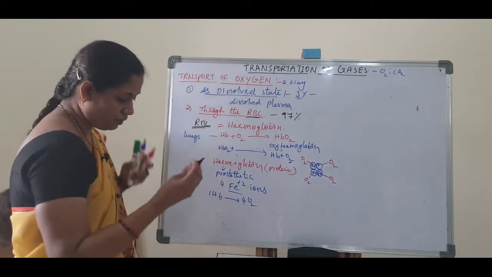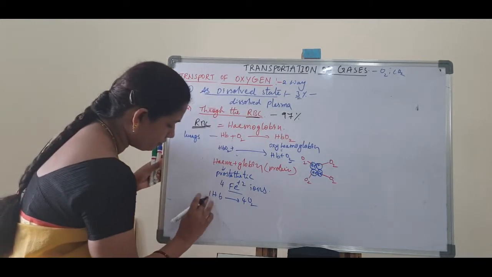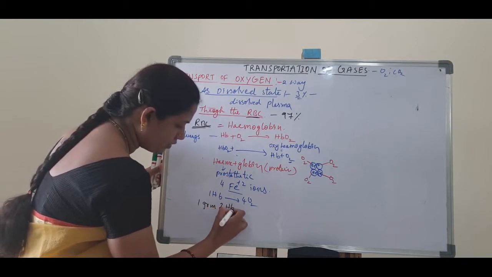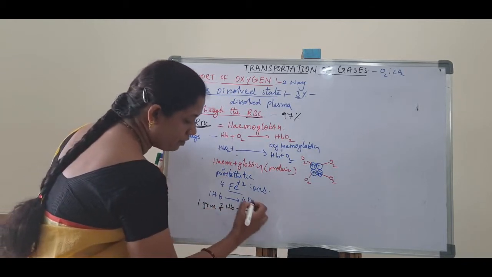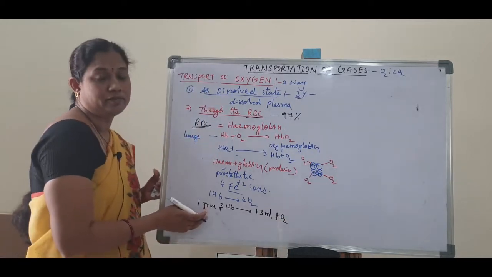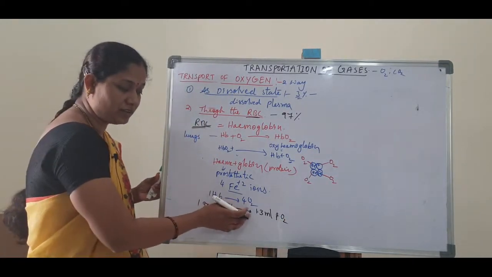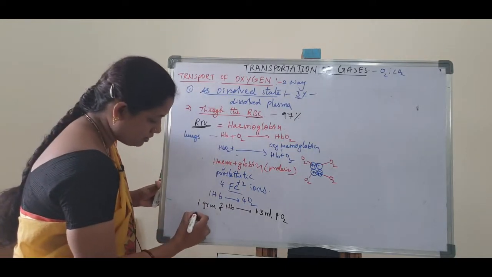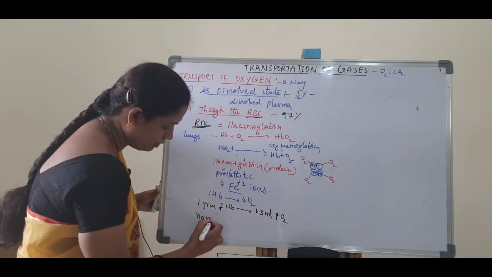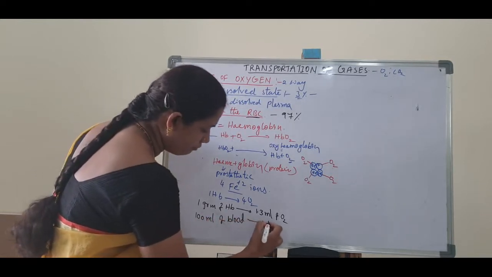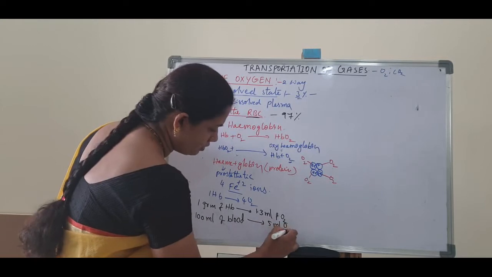Next, 1 gram of hemoglobin can carry 1.34 ml of oxygen. Next, 100 ml of blood can carry 5 ml of oxygen.